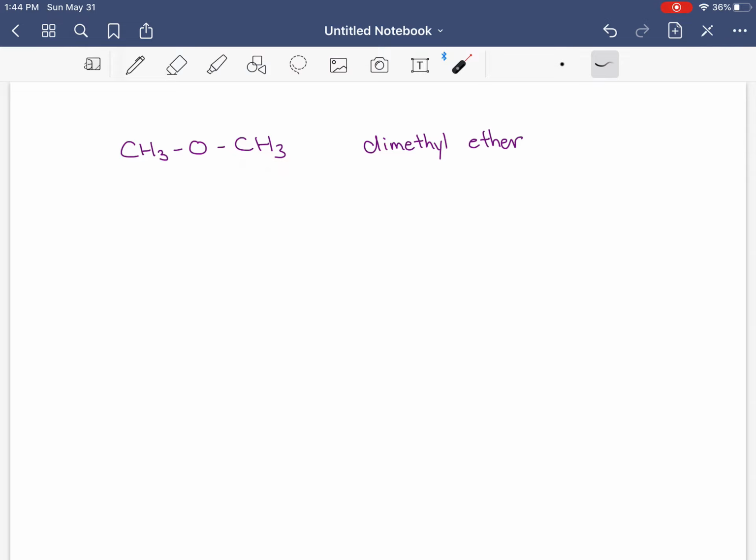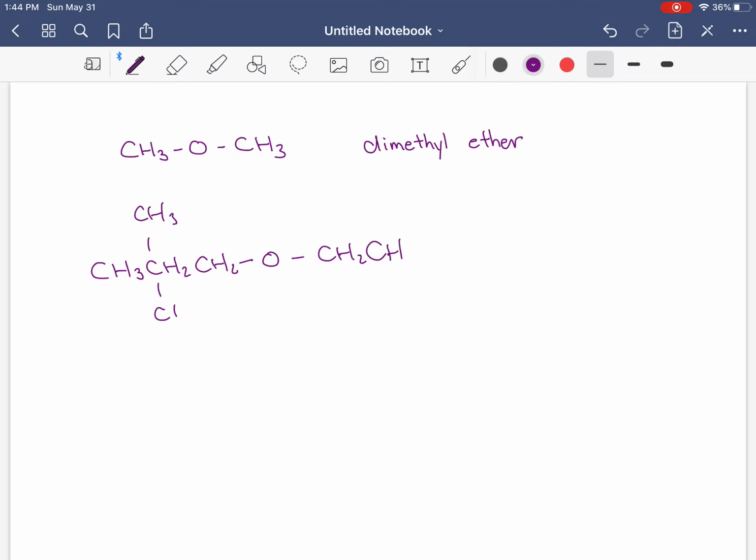But what happens when they get too complicated? Like this. What do you do then? Are you going to name this guy as, I don't know, 2-chloro-2-methylpropane ethyl ether?